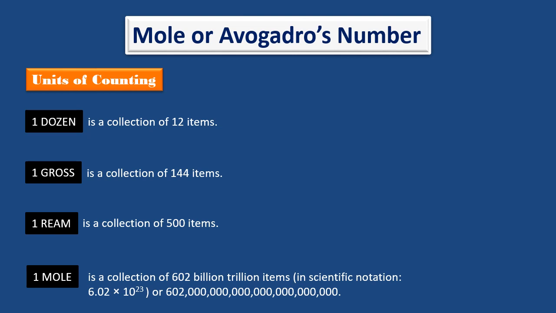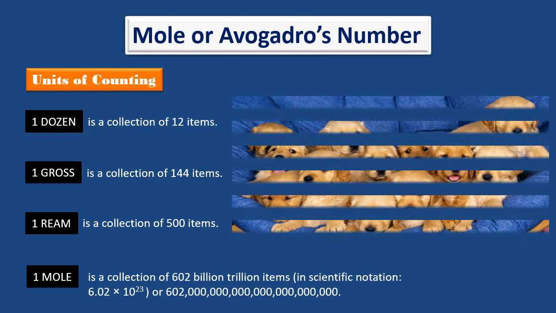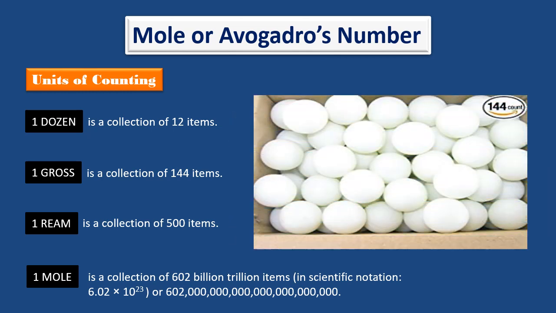Let me give you some examples of these units. 12 puppies on the sofa, or you can say 1 dozen of puppies. Similarly, 12 pandas means 1 dozen of pandas.